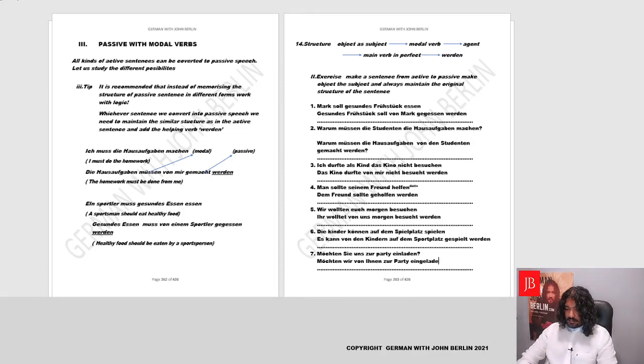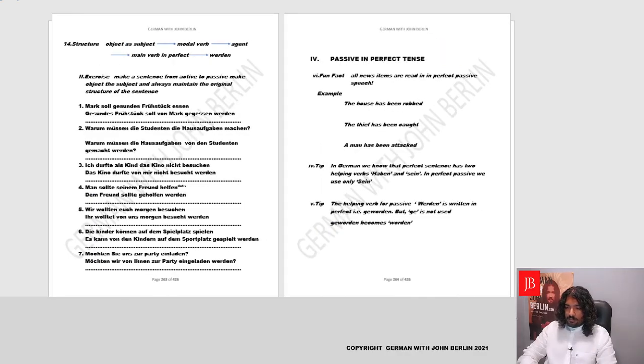We introduce the helping verb for passive, werden, in the end. Would we like to be invited by you to the party? Yes, that's the passive form.